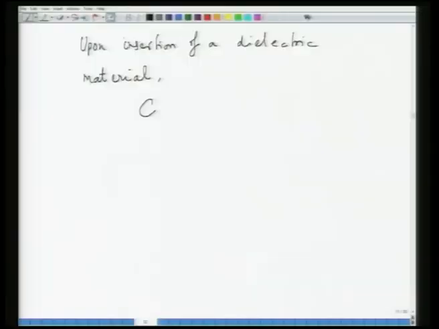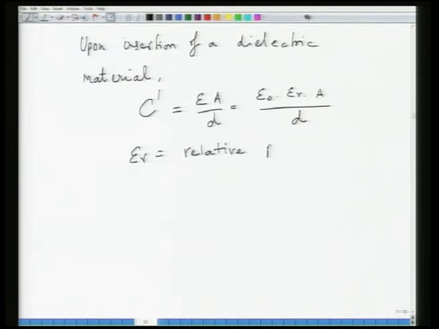So, the modified capacitance, let us say C prime, is equal to epsilon A over D, which is defined as epsilon naught epsilon R A over D. So, epsilon naught, A and D are same quantities, epsilon R is called relative permittivity, and this has to be greater than 1 always, otherwise material is not a dielectric.